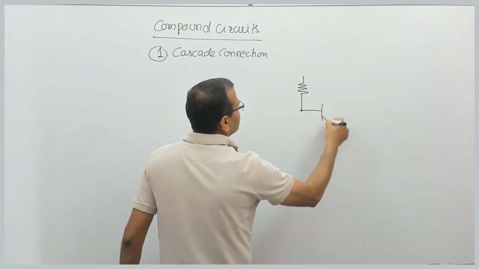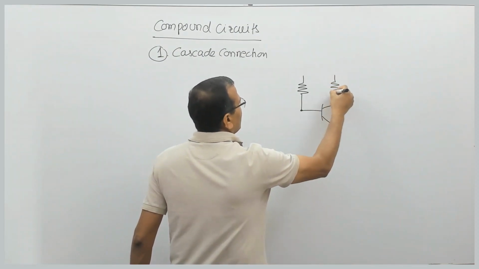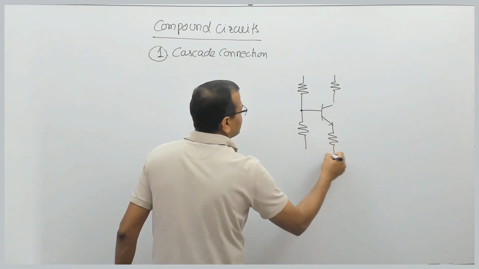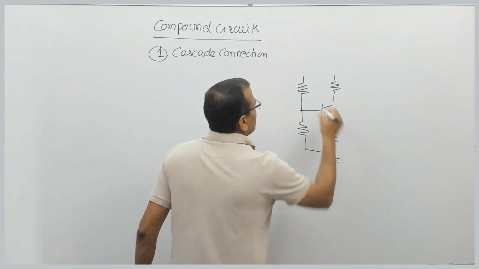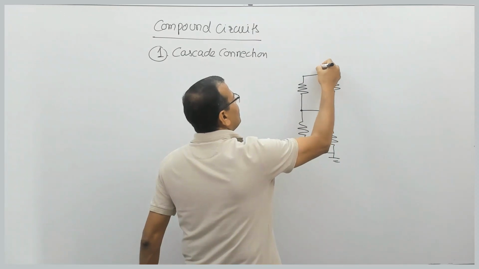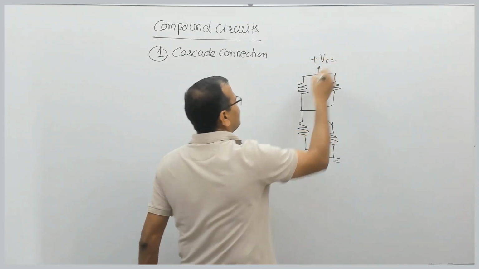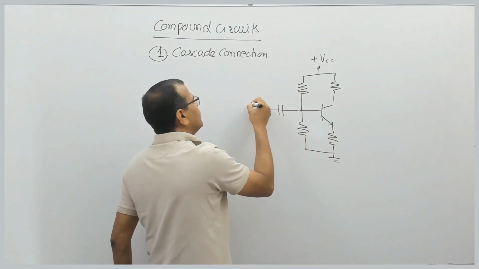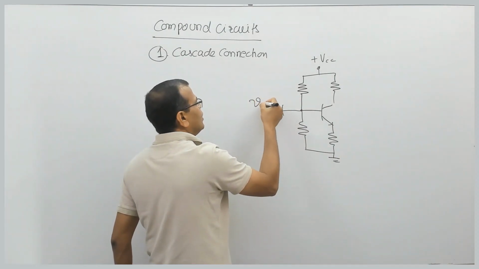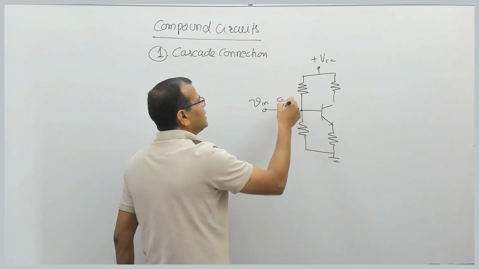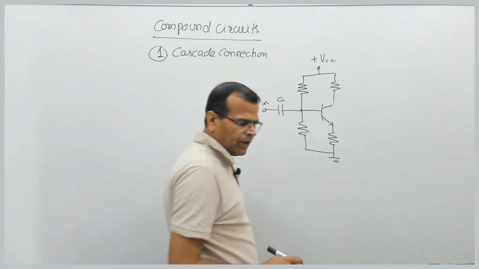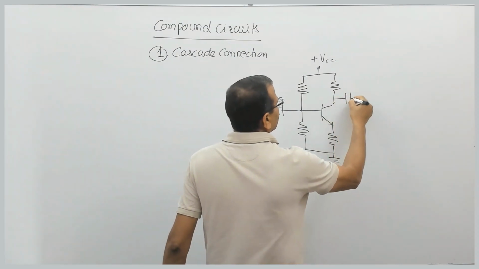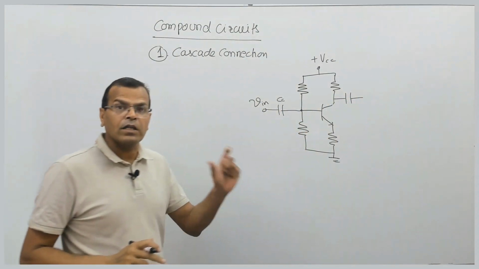This is the first stage, the input stage amplifier, which has a potential divider type of biasing arrangement like this, right? This will be the input stage of the cascade connection where we have the input voltage, say Vin, and this is the coupling capacitor. Then we have the next stage, for which I will be taking RC coupling.